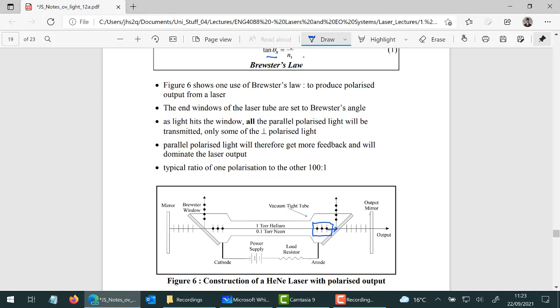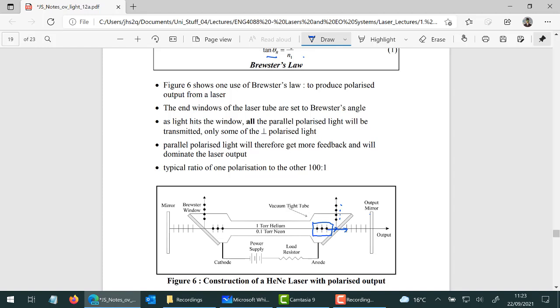Now, as it hits the Brewster's window, as it's called, this piece of glass which is just at Brewster's angle, only the perpendicular light will be reflected at that point. Basically, that perpendicular light is going out through the side and being lost.